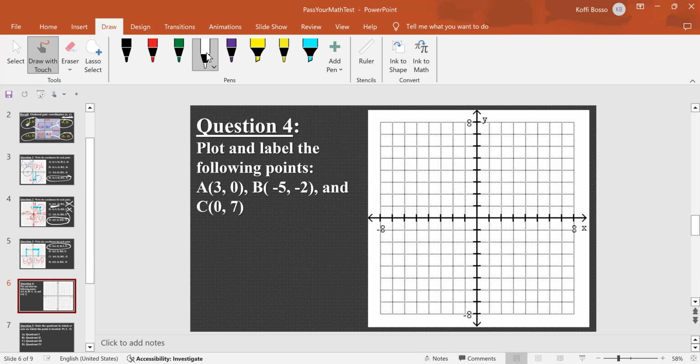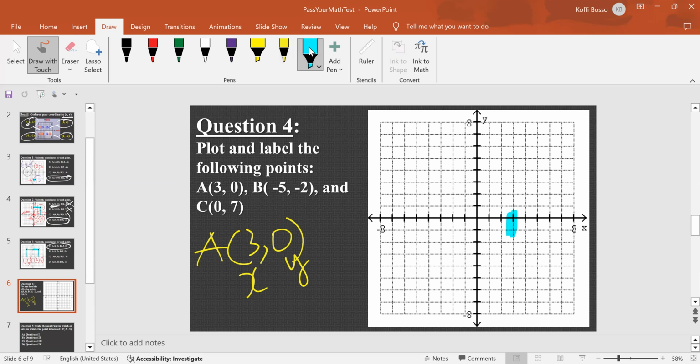So we have an A, which is (3, 0). To plot the point with coordinate (3, 0), you have to understand that this is the y value and this is the x value. Because the y value is 0, that means this point is located on the x-axis, at 3.